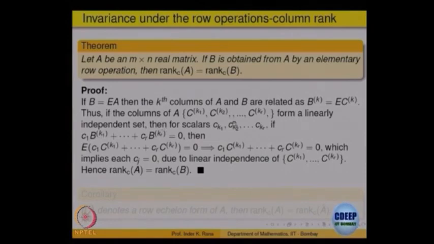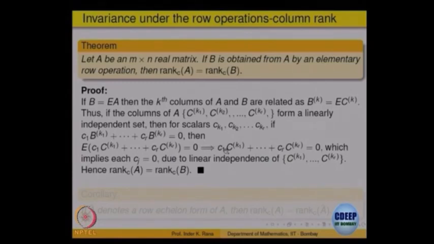So the kth column is E times Ck. So put that value, so E is taken out, right, distributive property of matrices. But if this is equal to 0, what is E? E is an invertible matrix, the fact that every elementary matrix is invertible. So that means if E applied to a matrix is equal to 0, then that matrix itself should be 0, because E is invertible, I can operate on both sides by E inverse if you like.